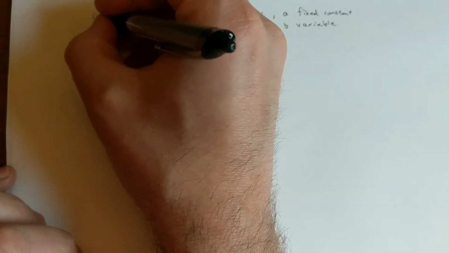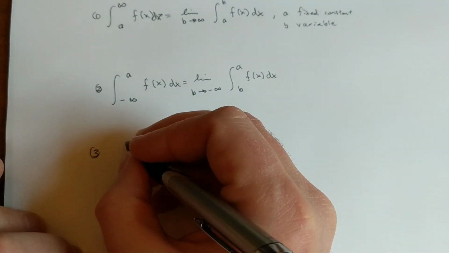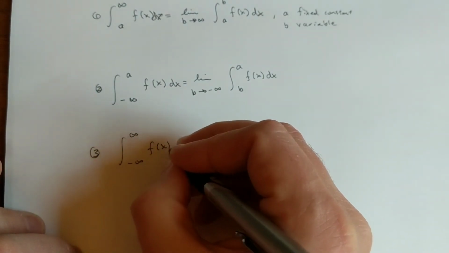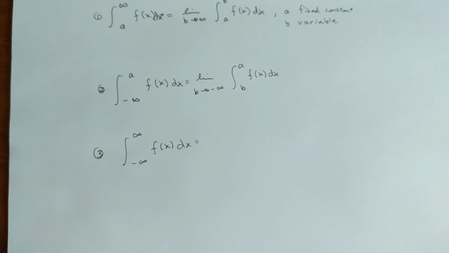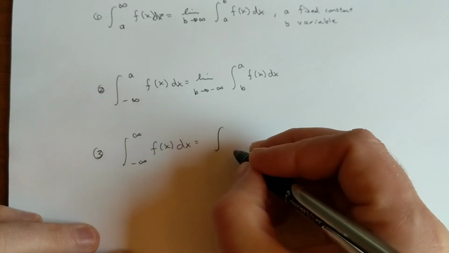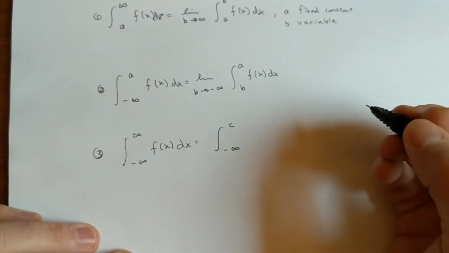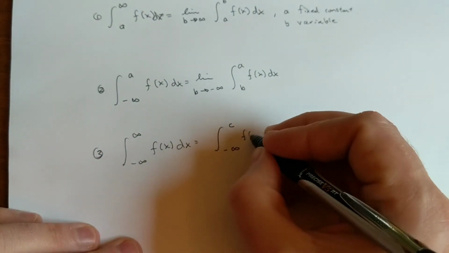Okay, so there's type 1 and type 2, and then we'll have a third type. That third type would be, well, what if we wanted to go to infinity in both directions? So negative infinity and positive infinity. To achieve this, we're going to use the same kind of definition, but we're going to break this up in the middle using a property of integrals we've already seen: I can choose some value c in between negative infinity and infinity, which are our bounds, which is every finite number.